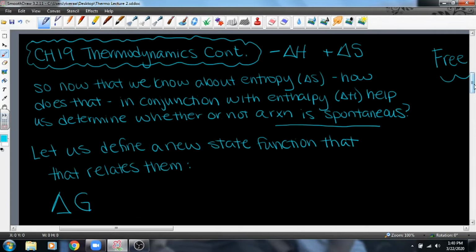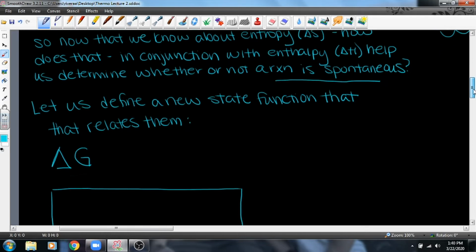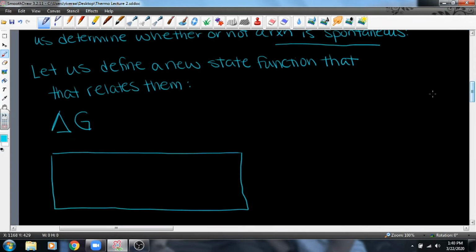So the guy who figured that out, the relationship between delta H and delta S, was a guy by the name of Gibbs. And so he defined a new state function called Gibbs free energy, delta G. So this stands for Gibbs free energy.